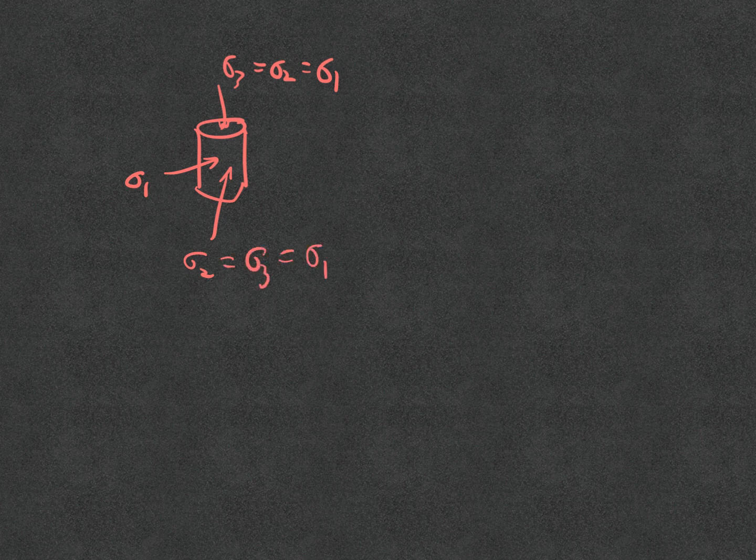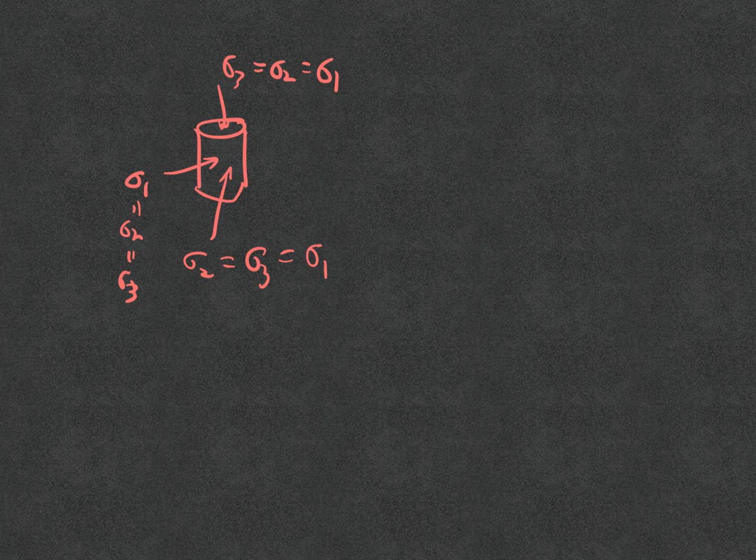Can you think of an example where the material is loaded hydrostatically? When you apply air pressure on a material, you can idealize it as subject to hydrostatic stress, for example the surface of a basketball.